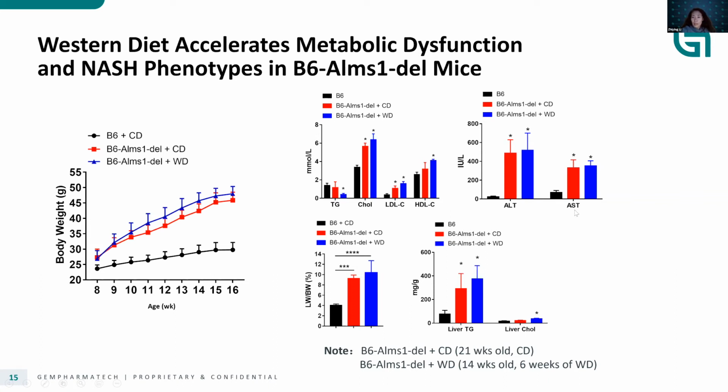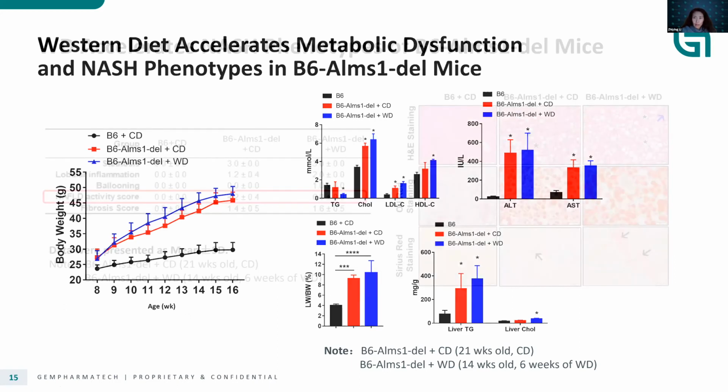Their ALT and AST level is similar to the mutant animal on the chow diet. At the same time, they do have a bigger liver, and their liver is having a lot more fat on average than just a mutation or than just a mutant by itself.